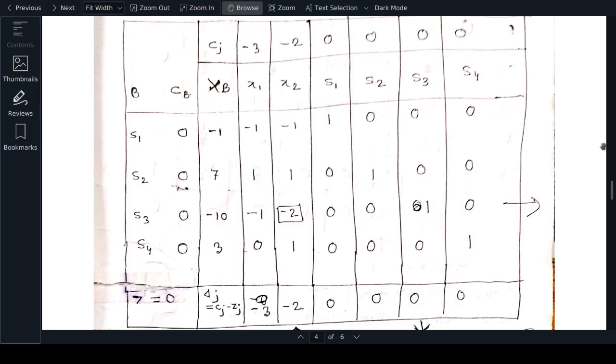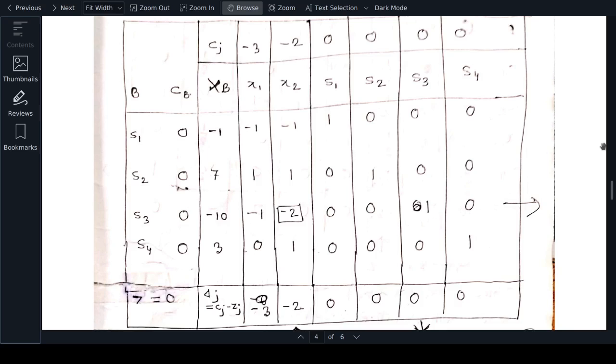So -3 by -1, the value is 3. Then -2 by -2: the numerator is delta J and the denominator is the corresponding element of the key row. So -2 by -2 is 1. Next, 0, 0 and 1 we will not consider.